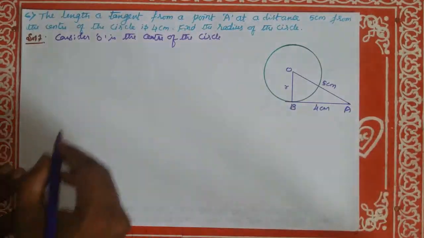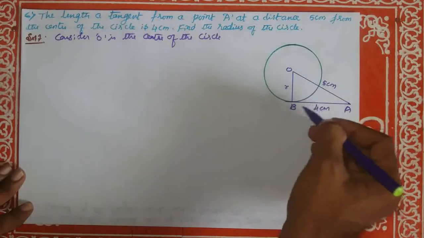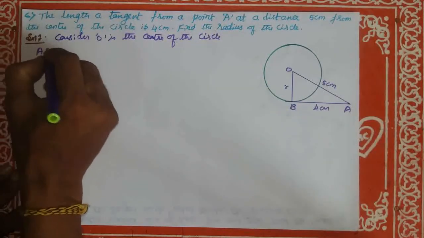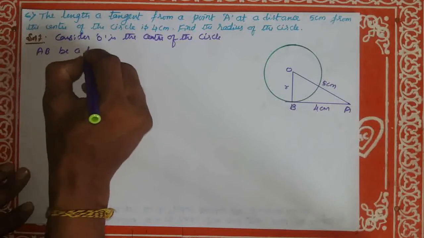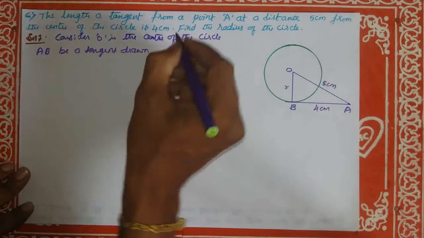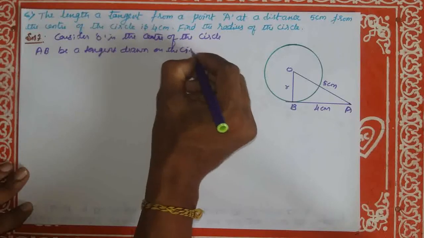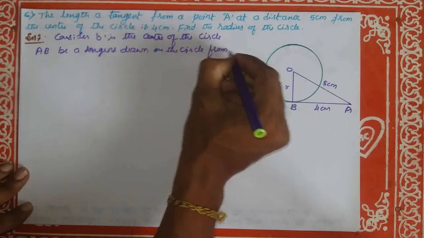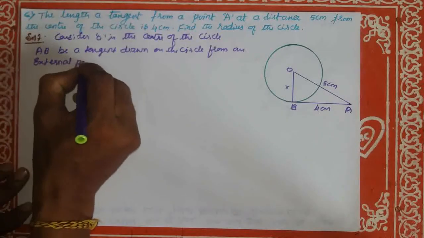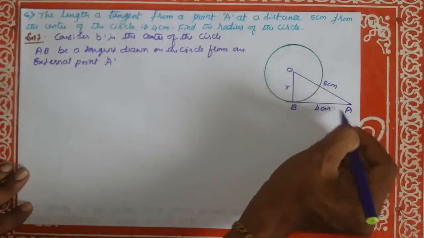Let AB be the tangent drawn on this circle from an external point, that is A. A is an external point because this is outside of the circle.